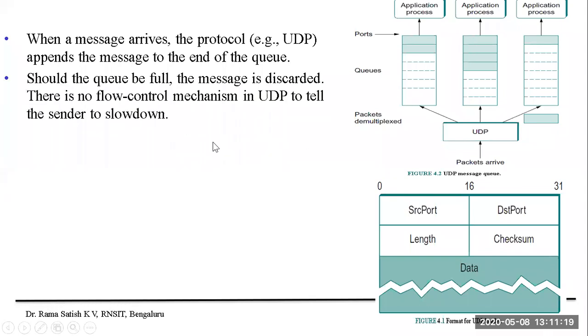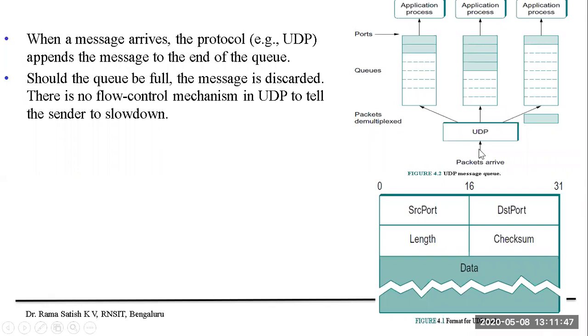Should the queue be full, the message is discarded. So here you observe, for this port number this application is running, and this port maintains a queue for the application process.